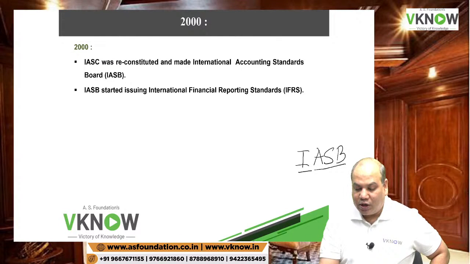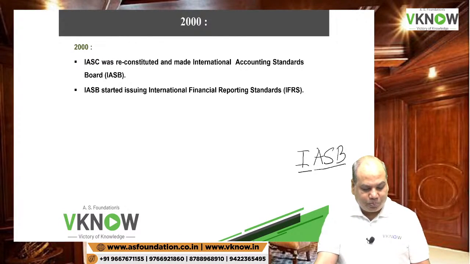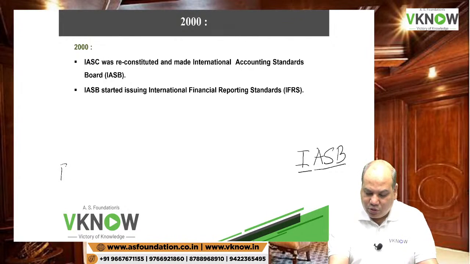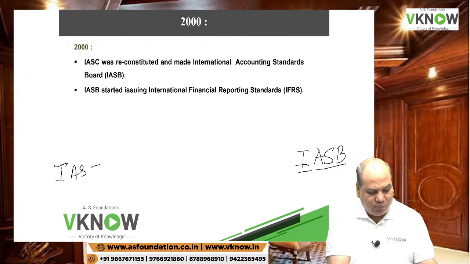IFRS. The IASB started issuing IFRS. So now all the new standards which are being issued are given the prefix IFRS. Earlier it was called IAS, which was issued by the first body, the International Accounting Standards Committee.